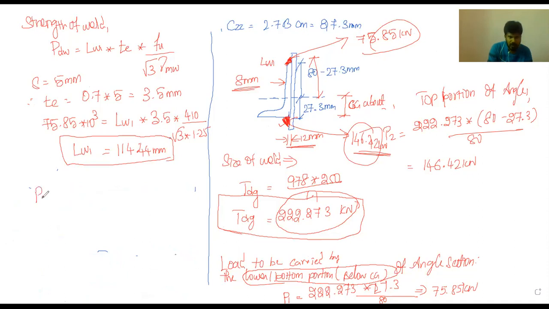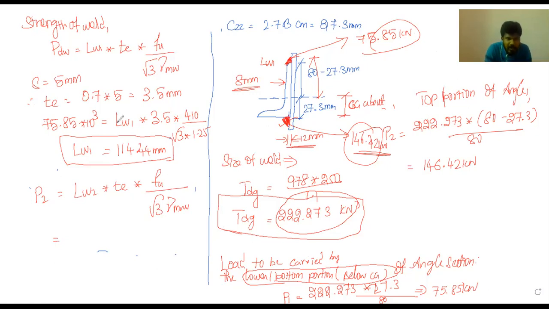So P2 is equal to LW2 into TE into FU divided by root 3 into gamma MW. Okay, sorry, one thing I forgot. In the given data, they mentioned site weld, that is site fabrication.